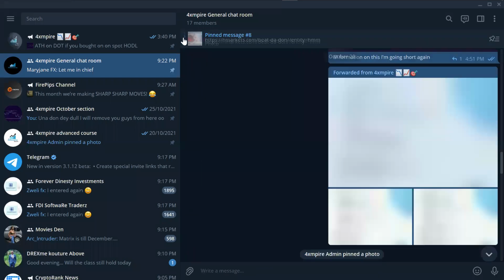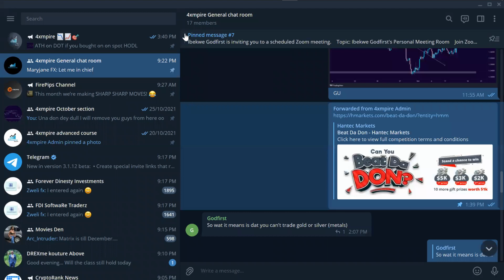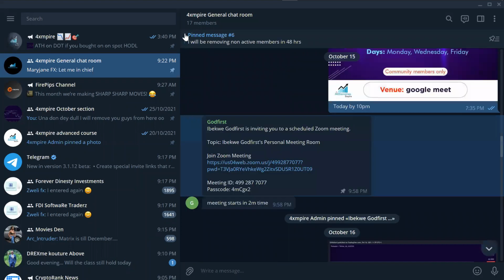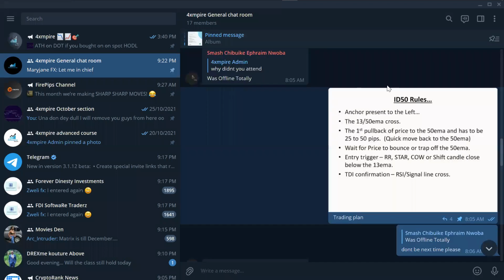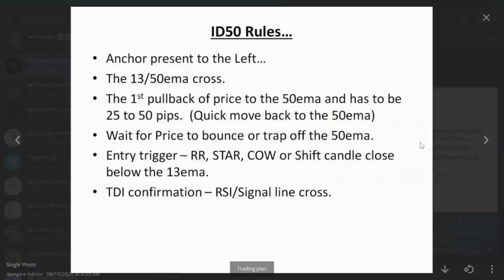I wanted to bring out this is a trade plan for ID50. ID50 is one of the strategies that is used in the market maker method.